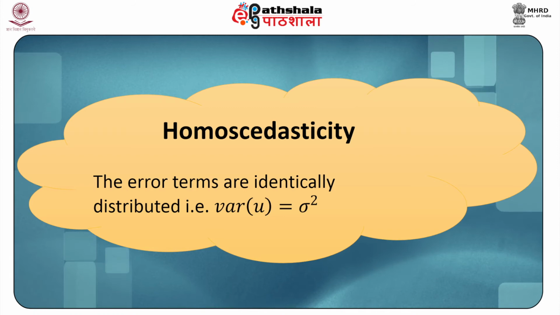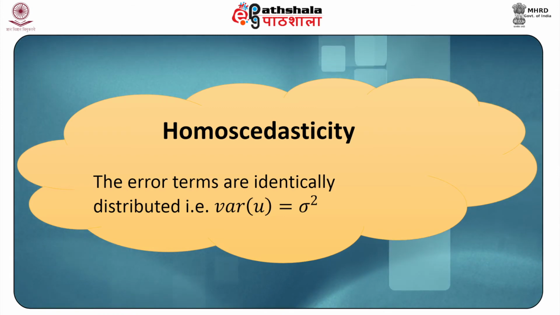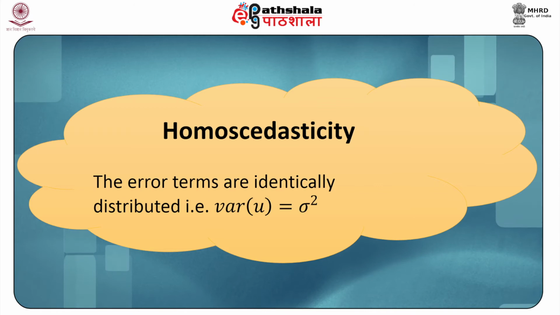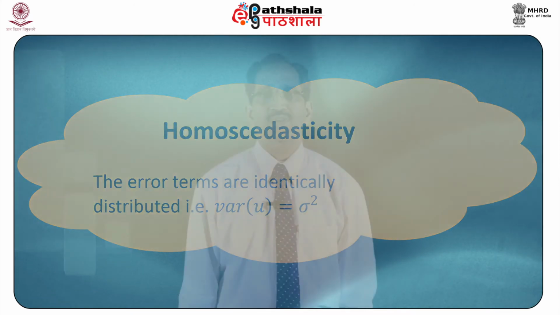Here we say homoscedasticity basically means that the error terms are identically distributed, which means variance of mu is equal to sigma square. In other words, the variances do not depend upon the i value, but they are all the same, and that is why we say they are identically distributed.